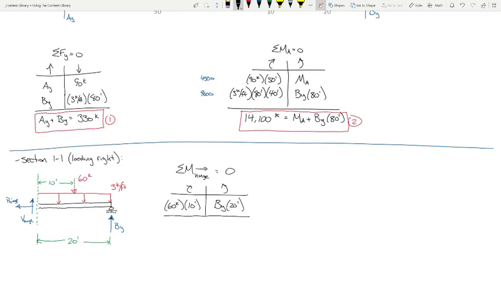Okay, so 60 times 10, I can do that one in my head. That's 600. Is BY times 20. And so what's BY? 30.